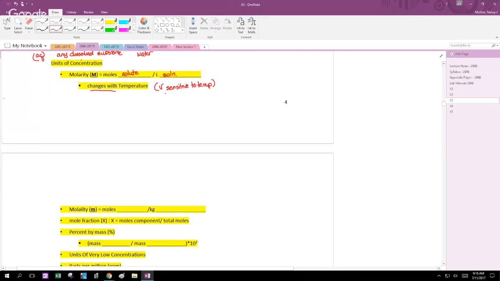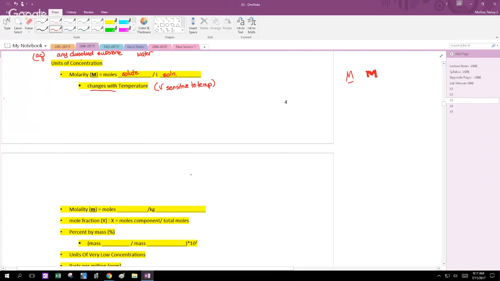So let's look at a couple other units of measure. Some of you aren't as familiar with. Molality, lowercase m. It's underscored if they can't bold it. So if you ever wonder why we typically write molarity with an underscore, it's because people don't want to have to take the time to bold every time they write the M. And so we underscore it and everybody knows it's the same thing.